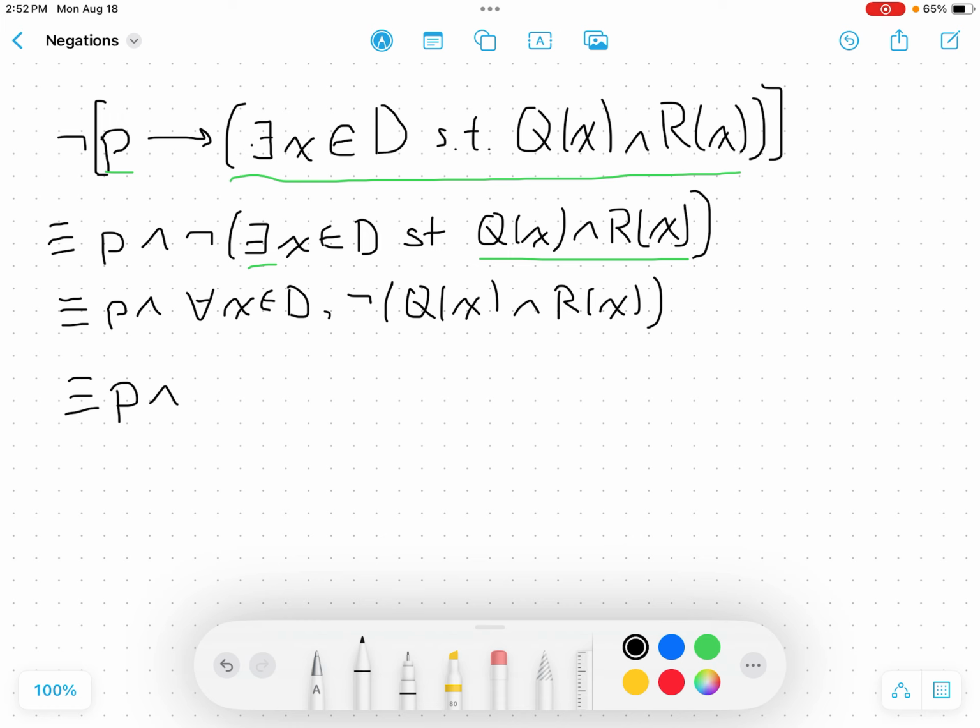P and for all x in D, by De Morgan's laws, that would become not Q of x or not R of x. And that's about as far as we can go with the setup that we've got.